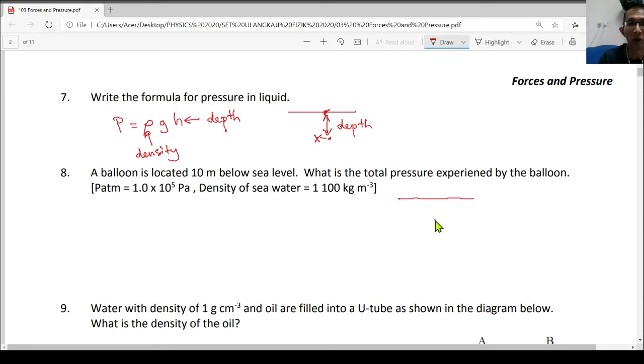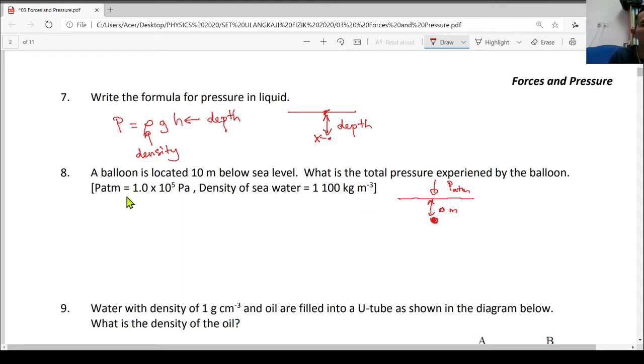I have the balloon here, and the distance here is 10 meter, and at the same time I have P atmospheric. So what is pressing the balloon? Whatever is above the balloon is pressing the balloon. Immediately above the balloon, I have 10 meter of water, and then above it, I have atmospheric pressure.